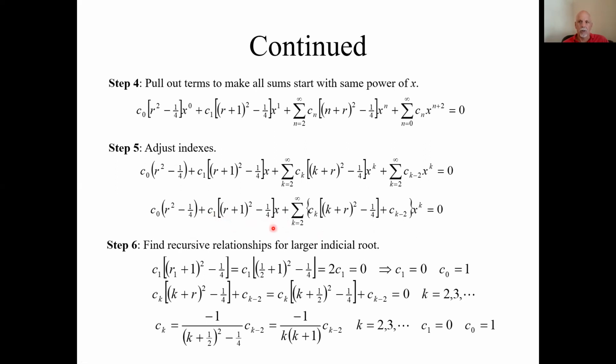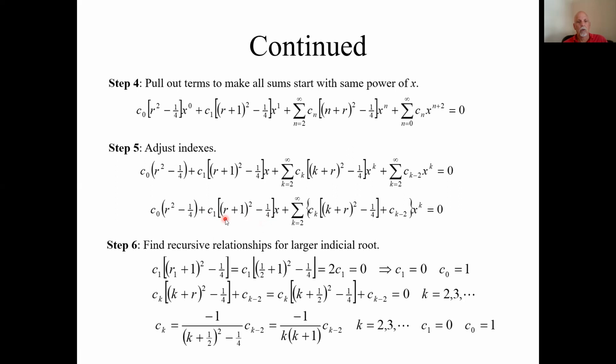What happens to this term? When we apply the identity property, we already knew this term was going to be 0. This has to be 0. Every coefficient in front of every power of x has to be 0. So here's the x to the 0 term, here's x to the 1, and here's x squared and up. So this has to be 0, C1, and this has to be 0.